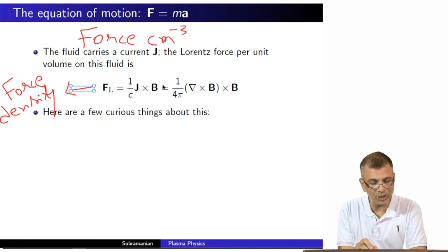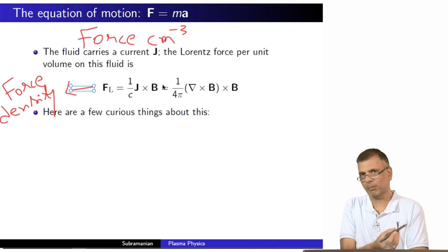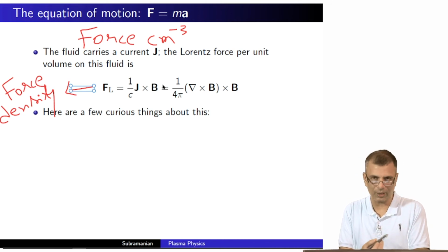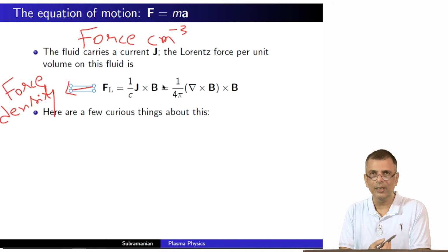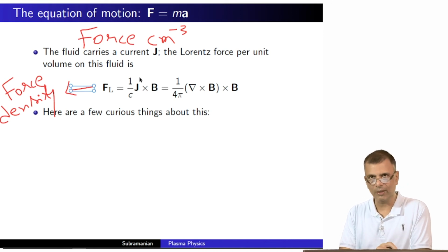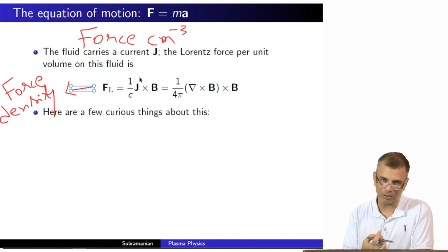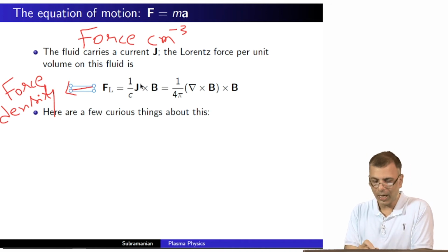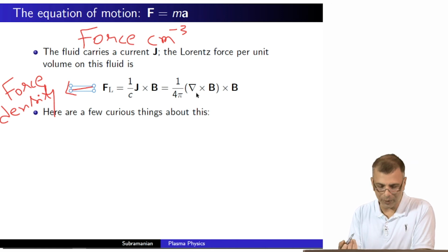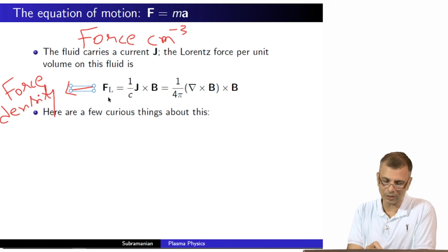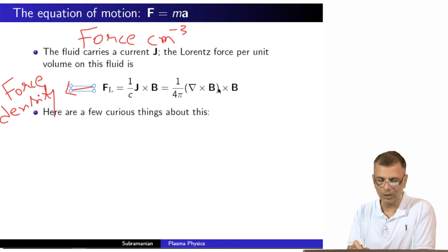This simply arises from qv cross B, the kind of thing that you're already familiar with. And so qv would be J. But since there are no discrete charges in MHD, I would not like to appeal to discrete charges. It's simply J cross B, and we know that J is just curl of B. So this is the Lorentz force per unit volume on this fluid.